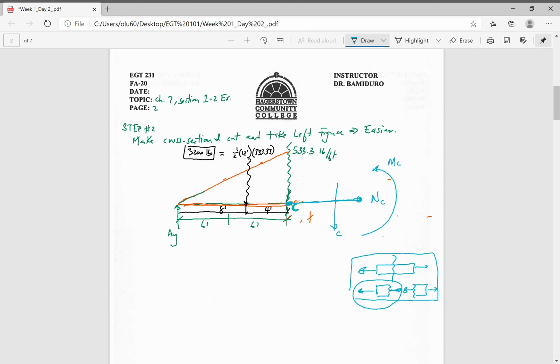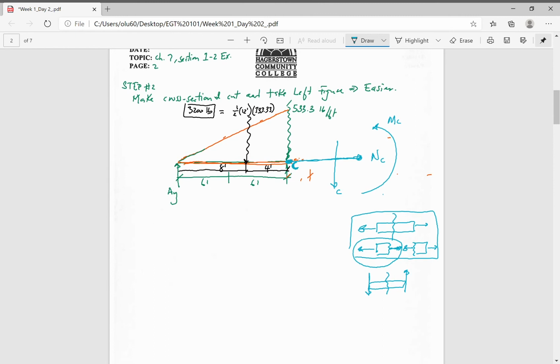Okay, so this is parallel with this. And then if I do the shear and make a transitional cut, I'm going up this way, coming down this way.